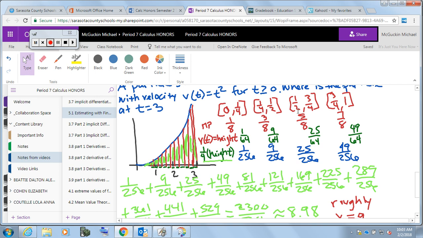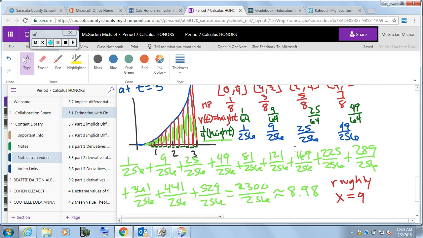If it asks you for the right hand, you would just use 1/4 and 1/2 and 3/4 and 1 and so on and so forth, and you would do the exact same concept.